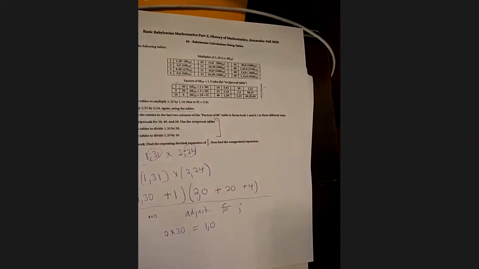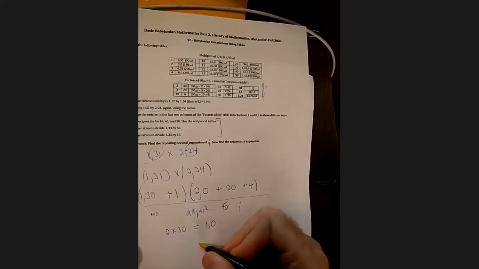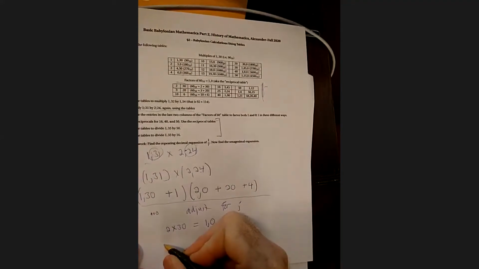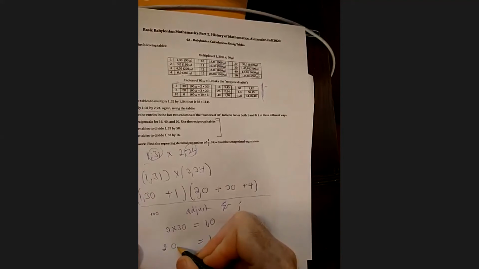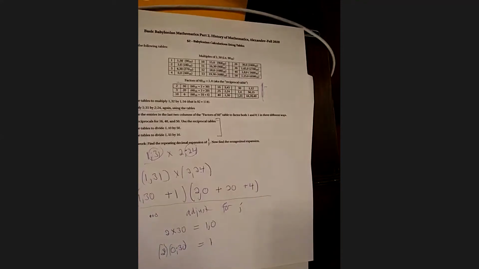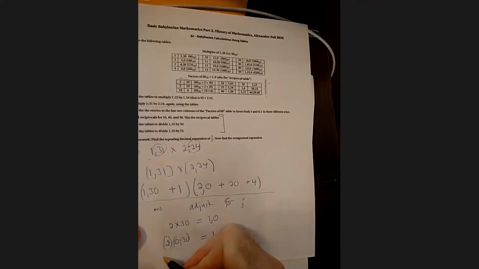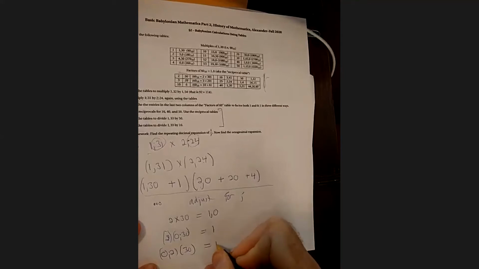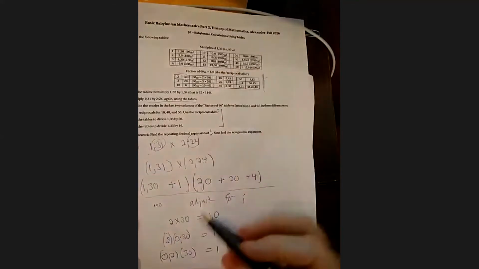Now, if I play games with the sexagesimal point, I can make this equal to 1 by adding a semicolon here. 2 times semicolon 30 is 1. So I can take these multiples of 1,0, and just by adjusting the sexagesimal place, I can make these equal 1.